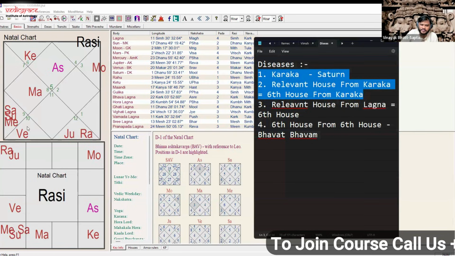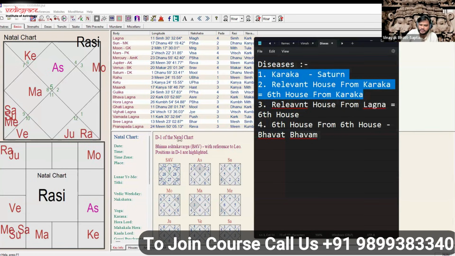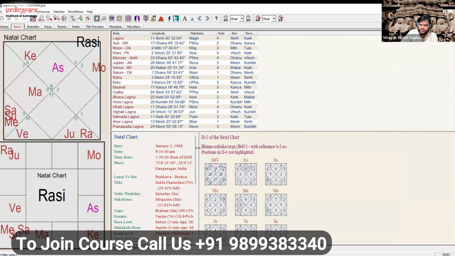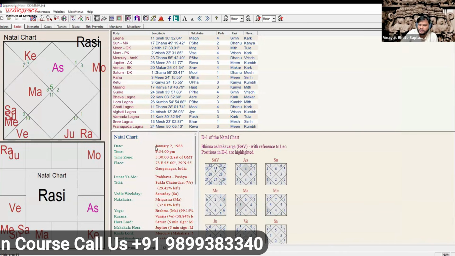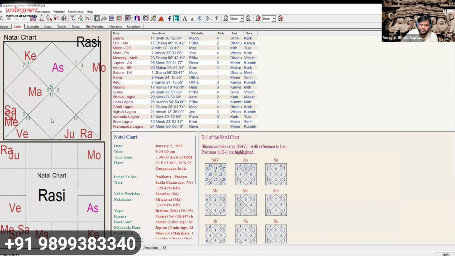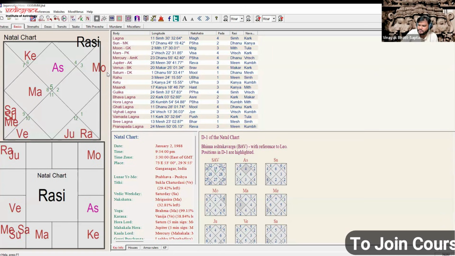In transit, Saturn, Sun, Mercury are transiting in Sagittarius sign at that year, correct? Like the date of birth is 2nd of January 1988. On this particular day, this is the situation, and this is not going to change throughout the day. Moon is at 2 degrees, so for the next 2.5 days the Moon is not going to change this placement.